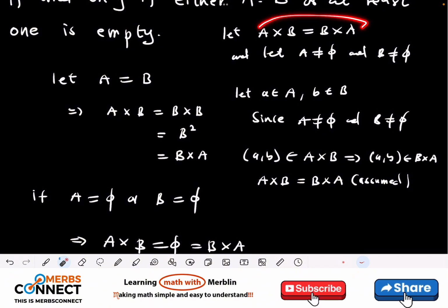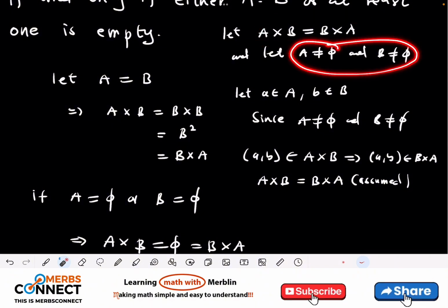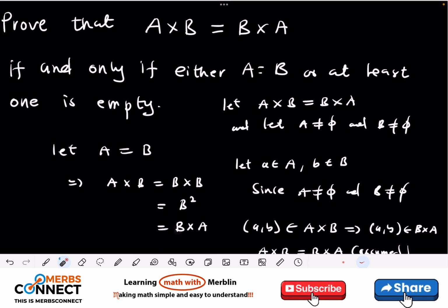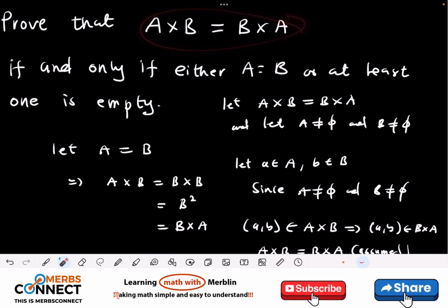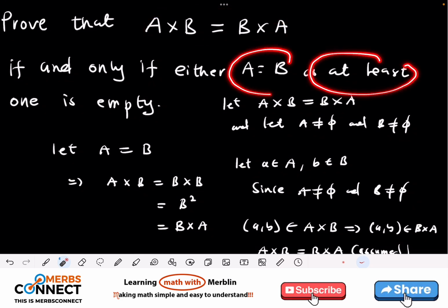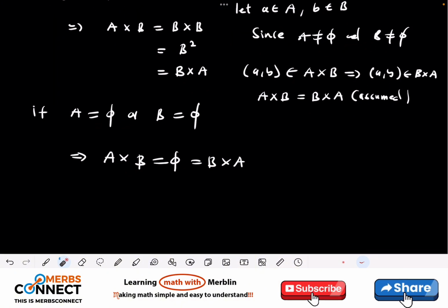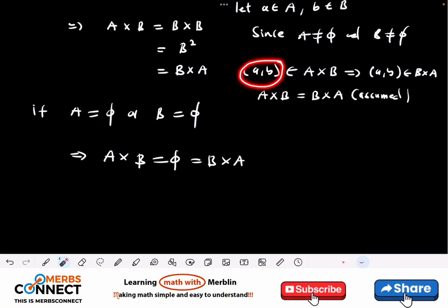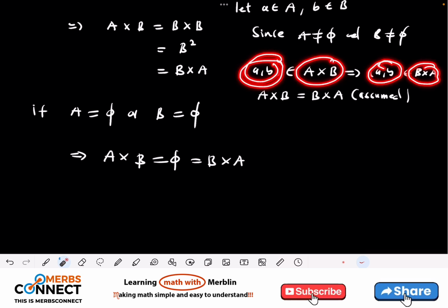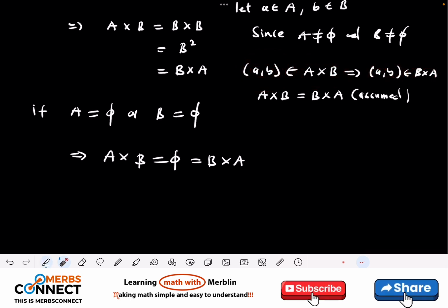We assume that this is the same as this, and we are saying that none of them is empty. So since we assume that this is the same and this is not empty, we need to prove that A is equal to B. If this is in A cross B, then this is also going to be in B cross what? A. That's what we are going to get.